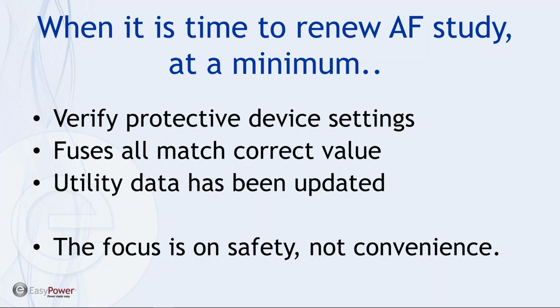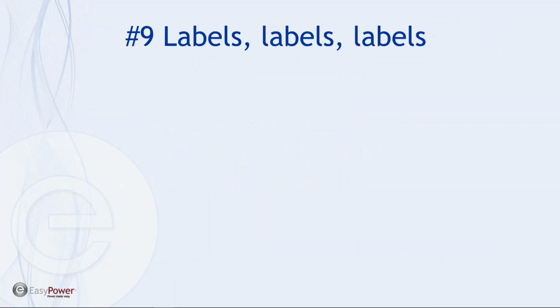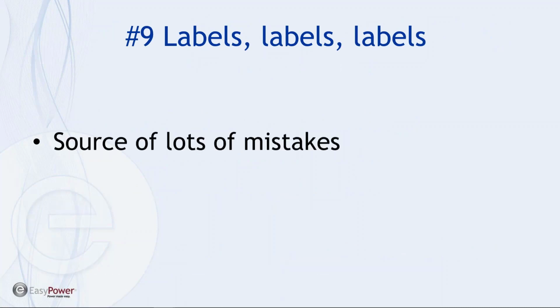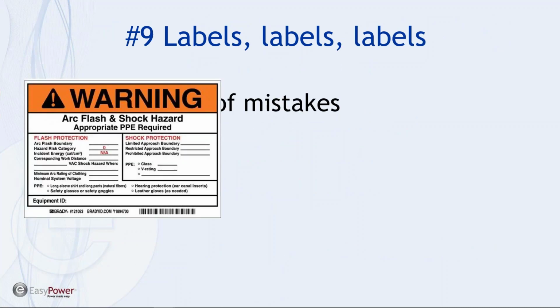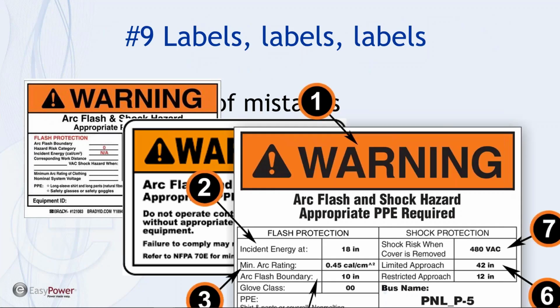So number 9 is labels. Labels are a source of a lot of errors, a lot of mistakes. And they can come in all shapes and forms. And some of the mistakes are driven by the corporate policy or what we want to show or what we want to display.